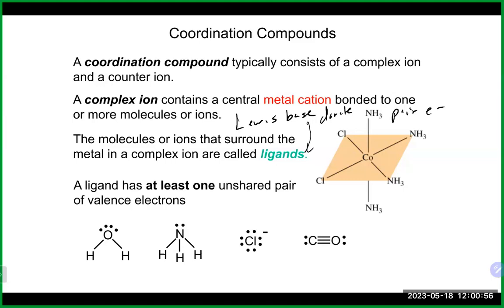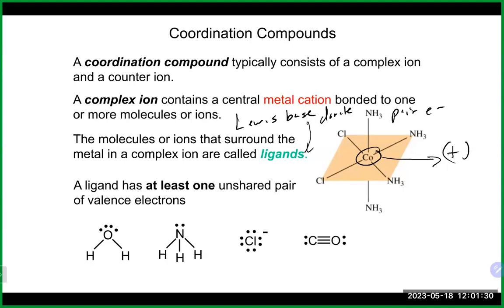Lewis acids, as we talked about, are really the metal's role here. This guy in the middle has a positive charge, which means, much like a Lewis acid, it is electron deficient, so it's willing to accept the electrons that are going to be given to it by the ligands. That's why we look at a complex ion more like a Lewis acid-base situation, where electrons are being donated and electrons are being accepted.